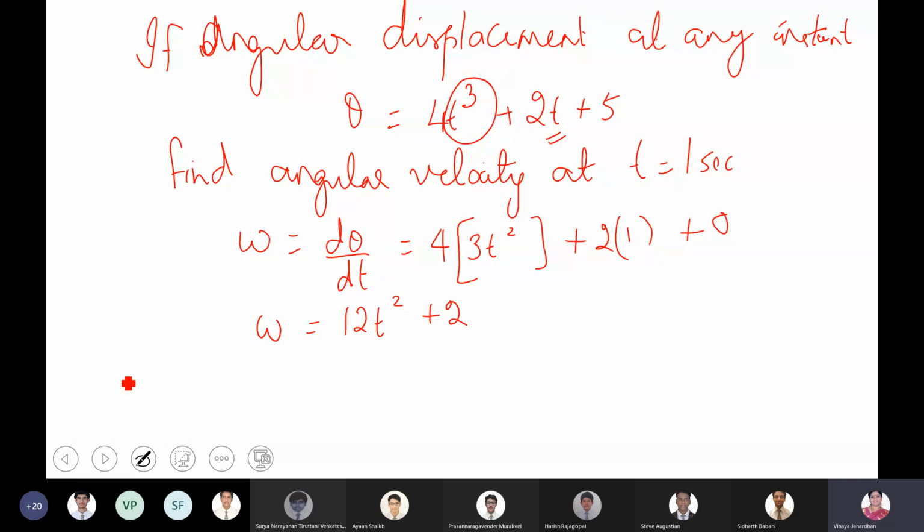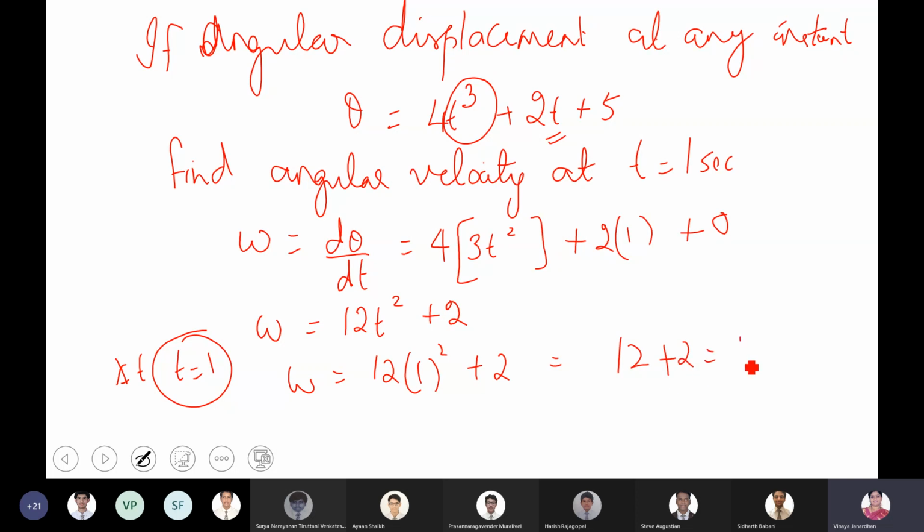So omega at time t is equal to 1 second, omega becomes equal to 12 into 1 the whole square plus 2. So 12 plus 2, it is 14 radians per second. Are you clear, boys? It's 4t cube.